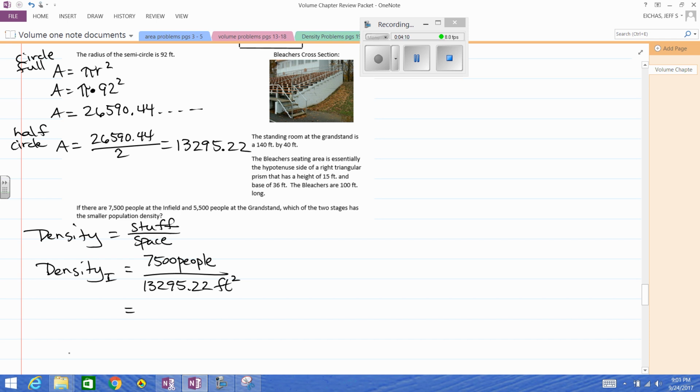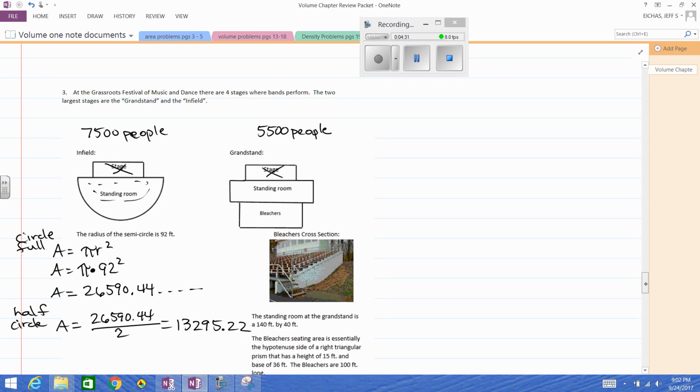When you convert that, we're looking at 0.5641 people per square foot.